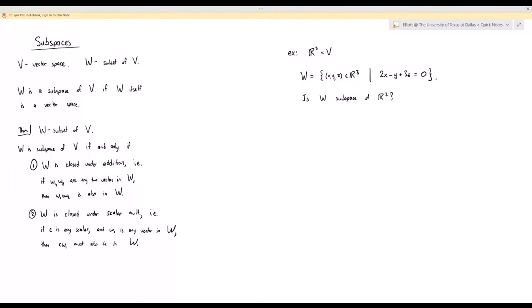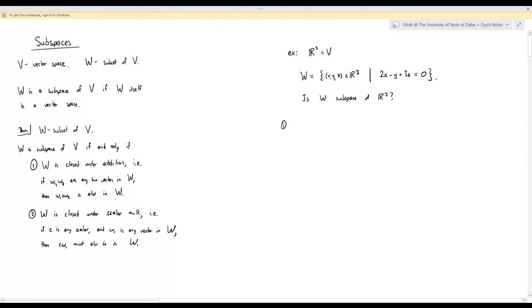In order to do that, we'll go through the two properties. Let's start by checking to see if W is closed under addition. Here's how that will work. To be closed under addition, any two vectors in the set, the sum must also be in the set.